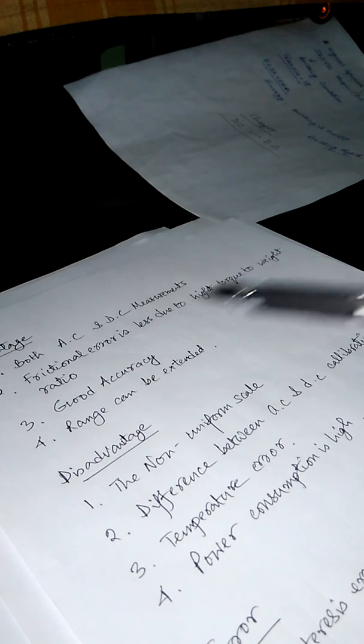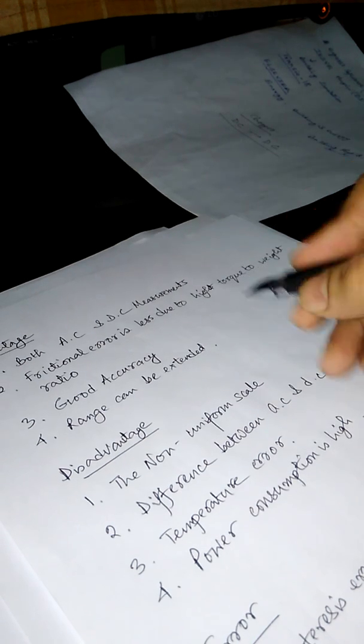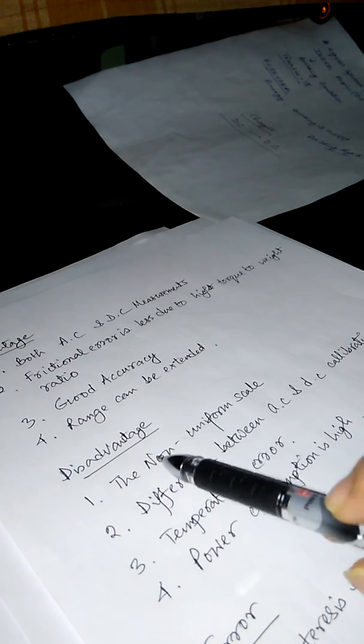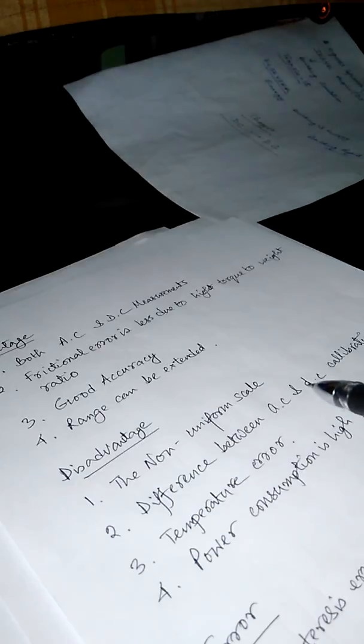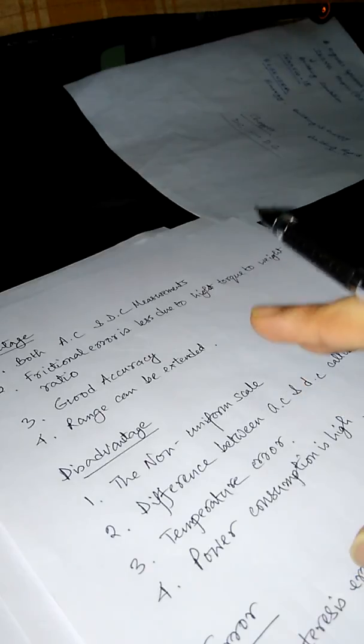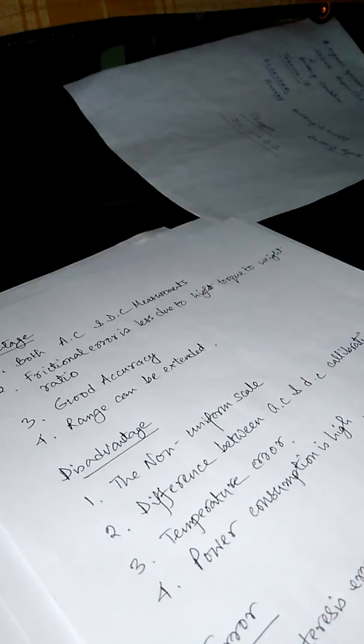The moving iron instrument is a good accurate instrument and its range can be extended. So these are the basic advantages, and the disadvantage is a non-uniform scale. The scaling is not uniform for the moving iron instrument, and for that reason, when the pointer goes to the furthest end, it is going to be cramped and not going to show the exact value.